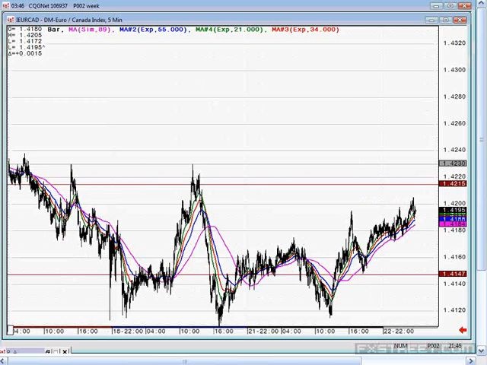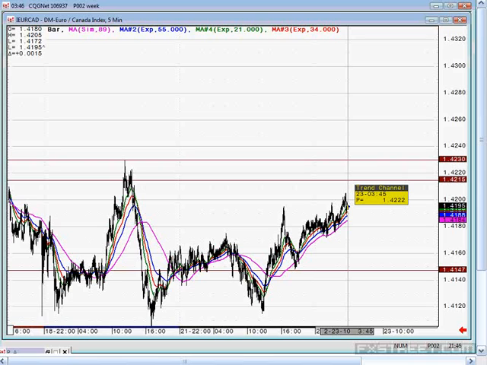So the levels I would want to pay attention to: 14215 is my resistance zone 1, and of course you see a minor high, which is 14230. So this would be my immediate barriers for this cross, right?